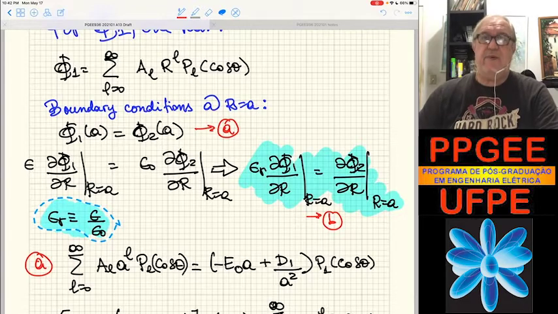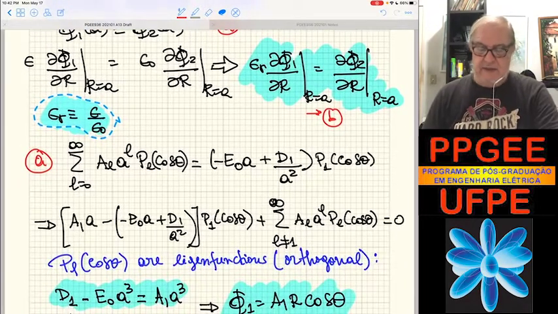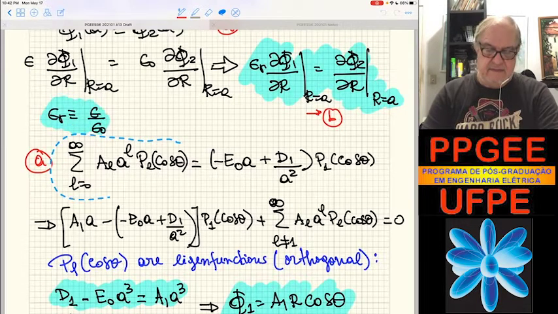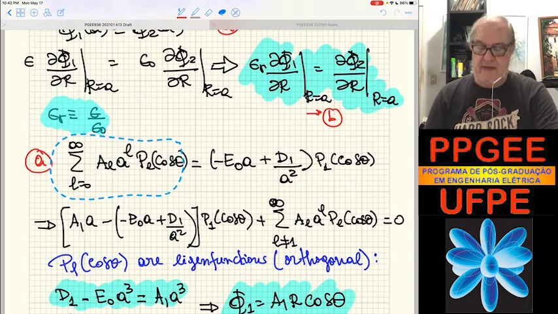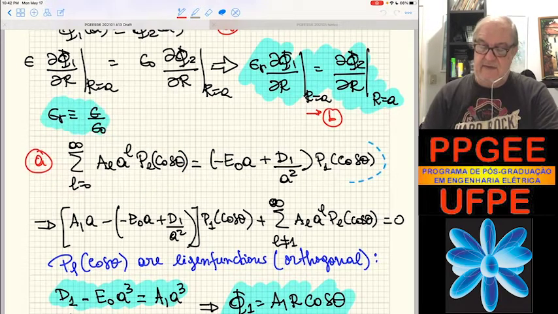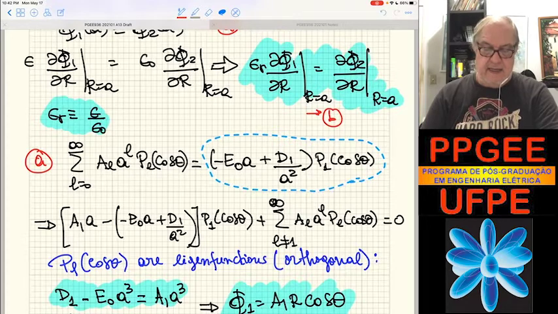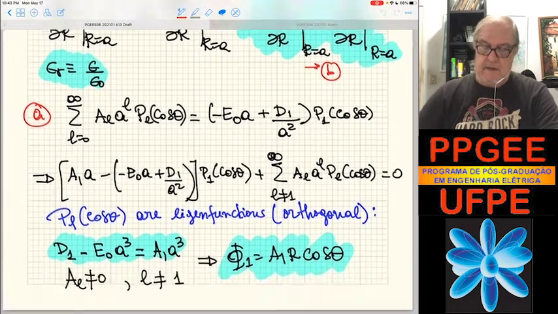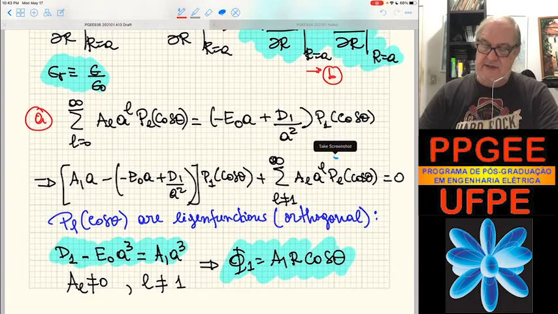When you plug in the expansion and equate, we have the potential inside at R equals A, and the potential given by the function outside at R equals A. Then we can rearrange terms.